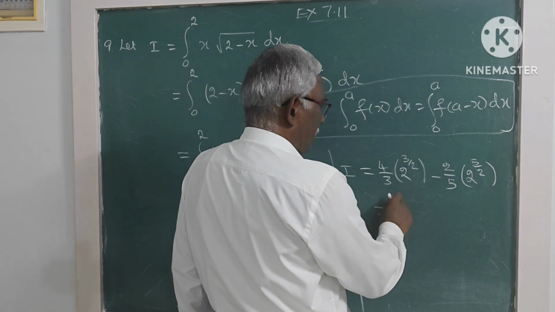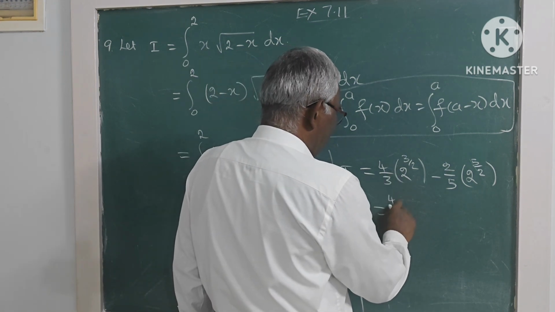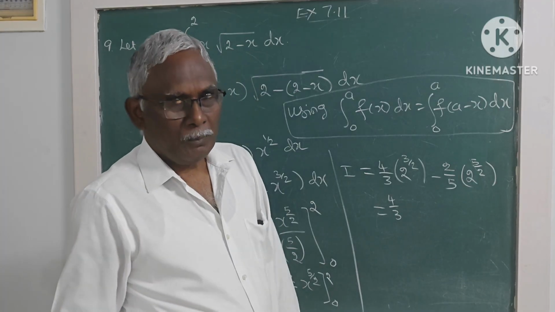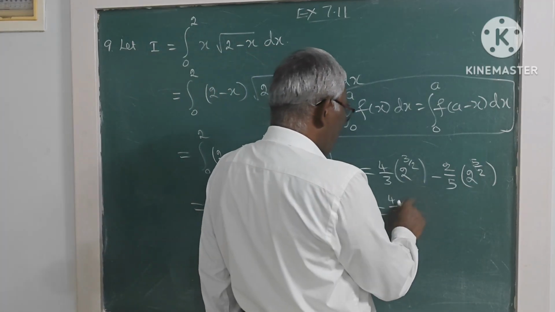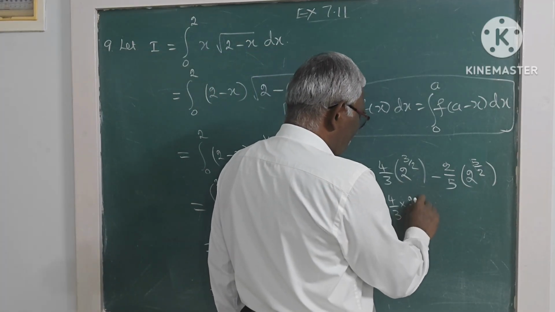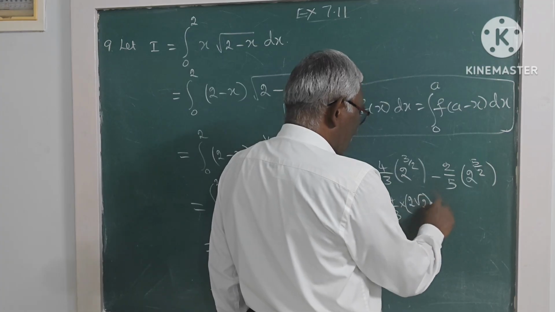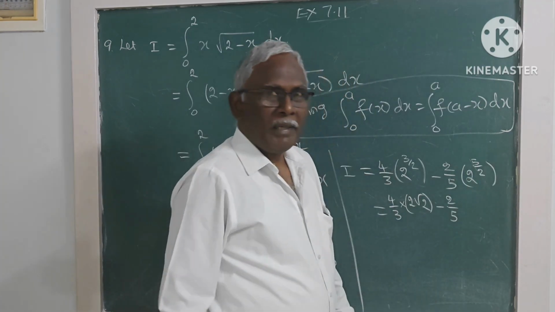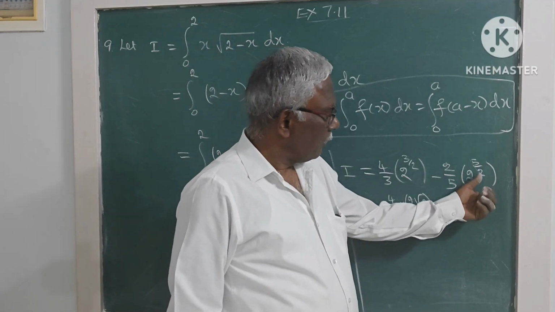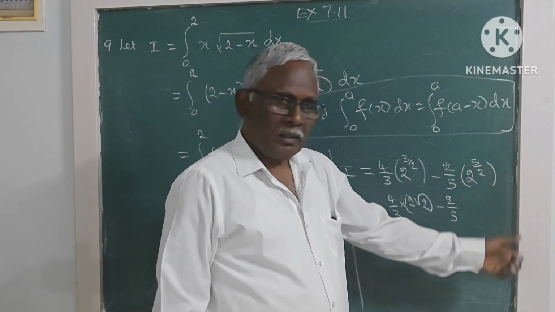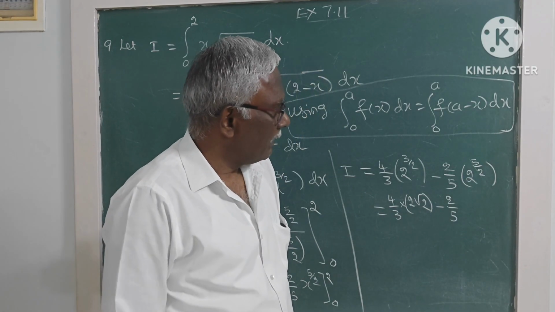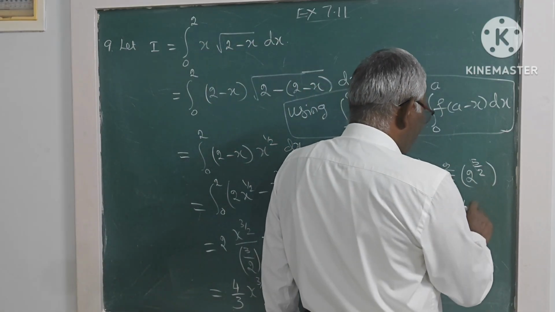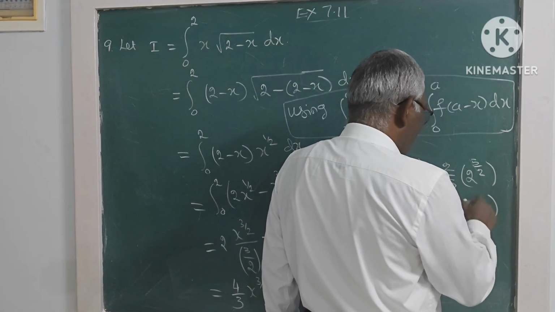Now 4 by 3, 2 power 3 by 2 is nothing but 1 plus a half. So we can write this as 2 root 2 minus 2 by 5, 2 power 5 by 2. So we can write 4 by 2 is 2, 2 plus half. 5 by 2 we can write as 2 plus half. So 2 square is 4, so we can write this as 4 root 2.